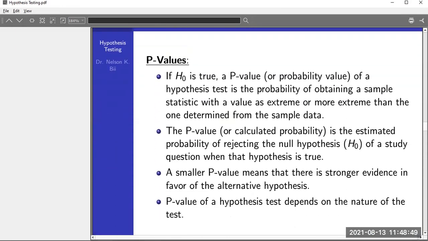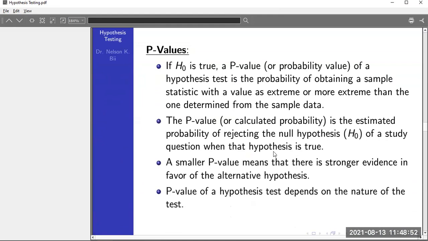Then we have what we call p-values. If the null hypothesis is true, then a p-value, or probability value, of a hypothesis test is the probability of obtaining a sample statistic with a value as extreme or more extreme than the one determined from the sample data. So this is the probability value obtained from the sample data.